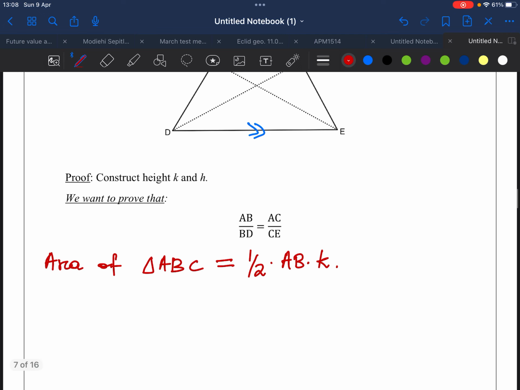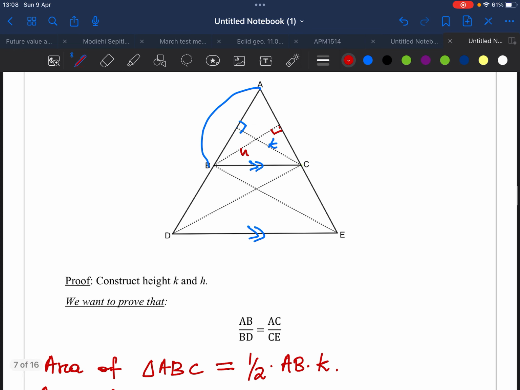Right, so now let us proceed. Let us find the area of triangle BCD. Let us highlight triangle BCD. So we want to find the area of triangle BCD.